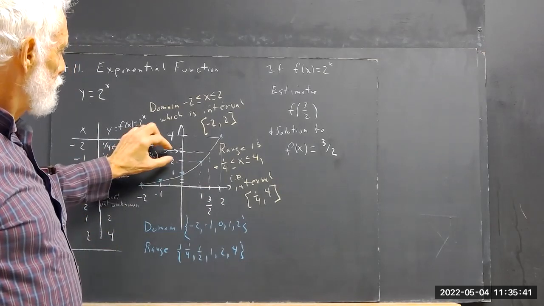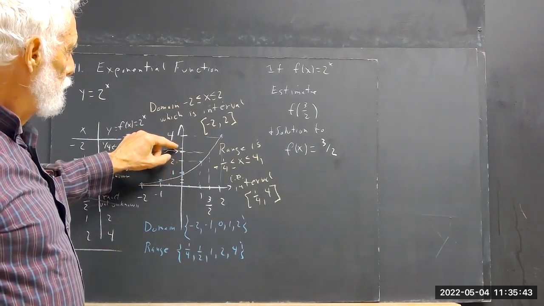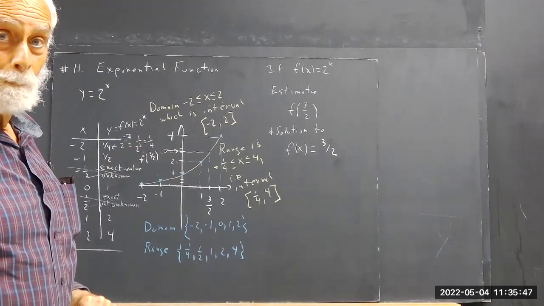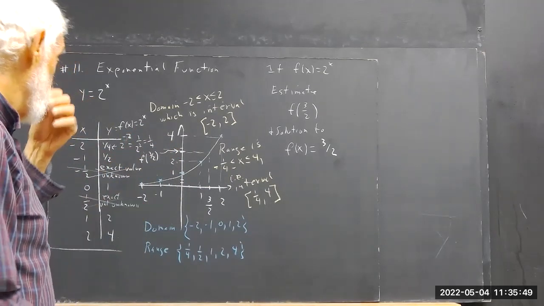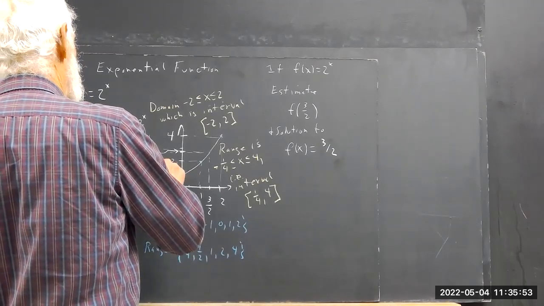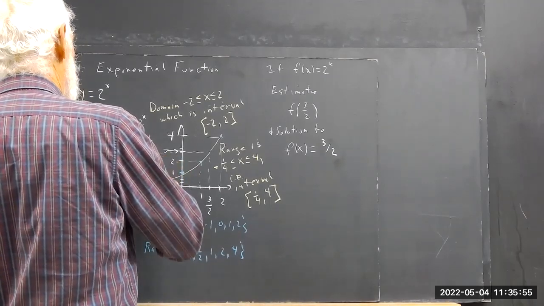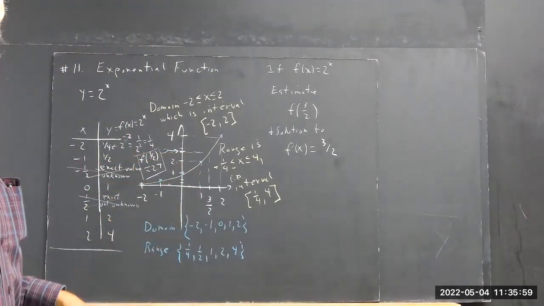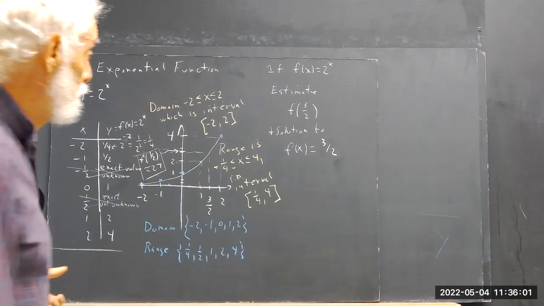Now, an honest estimate of this, if this is 2 and this is 3, that looks like 2.7 to me. So I'll say that's maybe 2.7 from the graph.